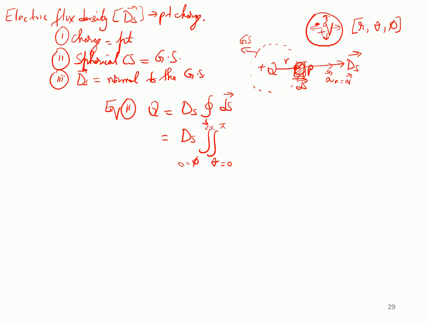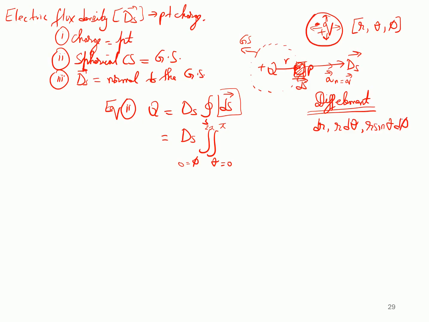The value of dS will be the differential element when dealing with the spherical coordinate system. The differential element for the spherical coordinate system is dr, d theta, and r sine theta d phi.